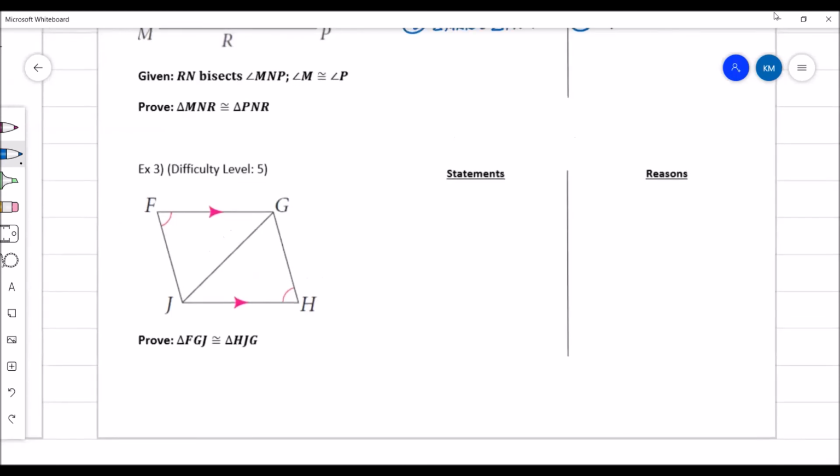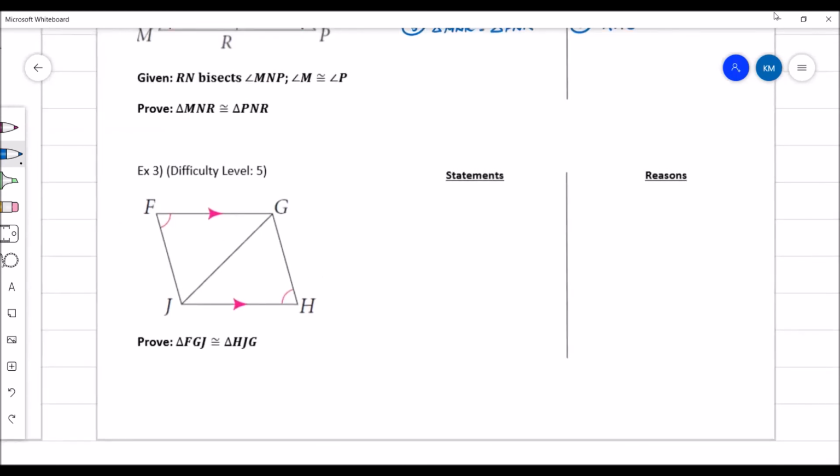Last proof here. They ask us to prove that triangle FGJ is congruent to triangle HJG. So as we walk through this proof for ourselves really quick, notice the given angle F and H congruent to each other. And then we also notice these parallel lines.